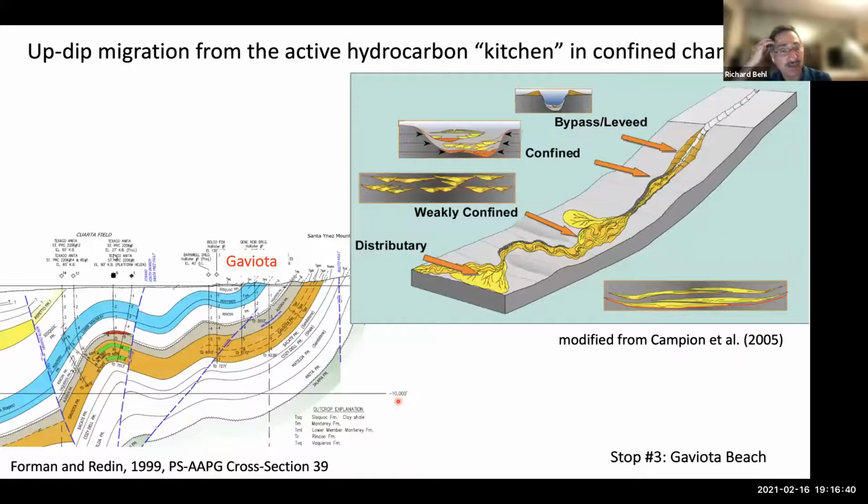So the situation is this, that during deposition of the late Monterey, it was mostly deep water slope, but cutting across slope started becoming a sequence of narrow channels. And at Gaviota, there's 3 separate channel complexes and these slope gullies.